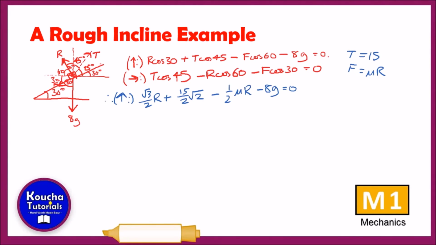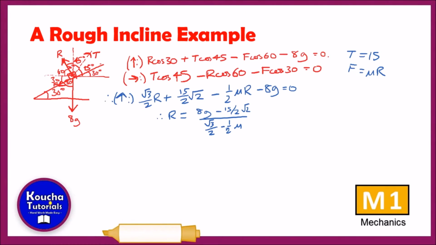And factorizing R and then rearranging these two components, 8g minus 15 over 2 root 2, we should get R equals, so this is a quick step, 8g minus 15 over 2 root 2, all over, factorizing these two components with R's, root 3 over 2 minus half mu. So this will be what's inside.